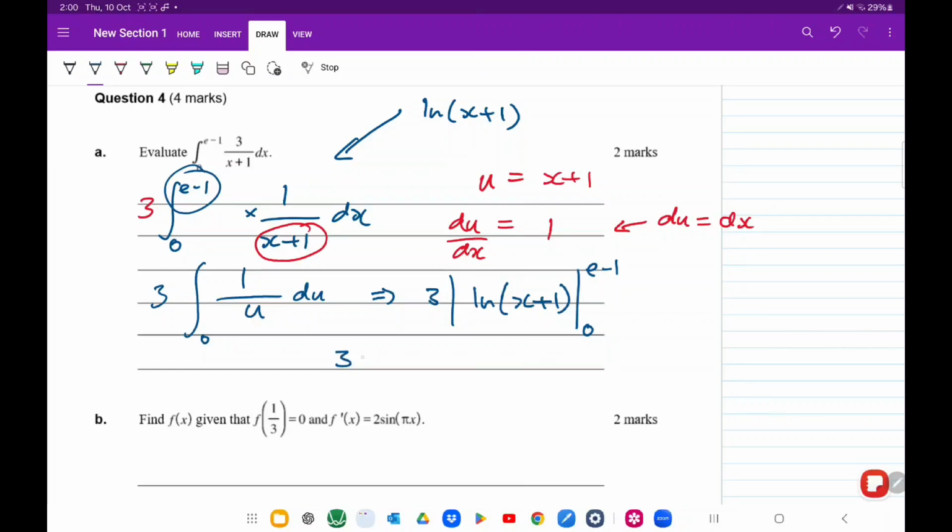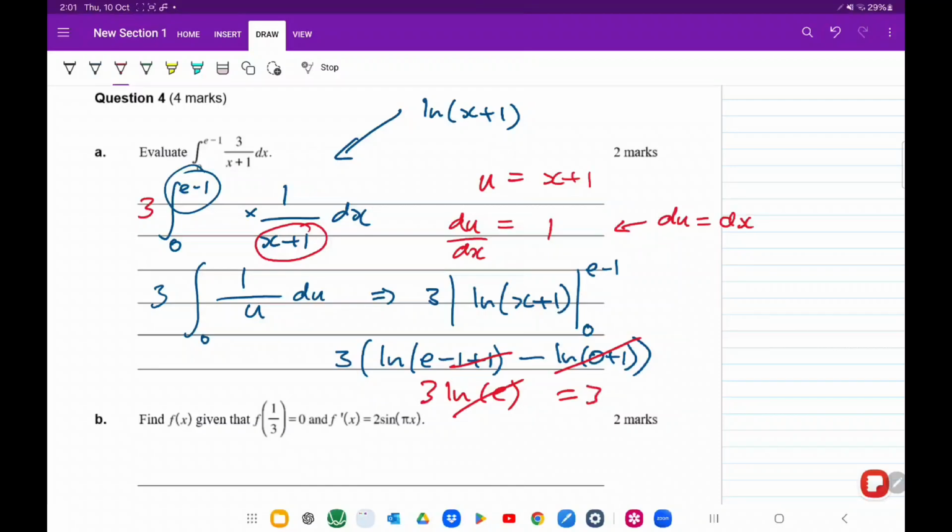So this becomes 3 ln of (e minus 1 plus 1) minus ln of (0 plus 1). Ln of 1 is 0, so this becomes 3 ln e, and ln of e crosses out, so that becomes 3.